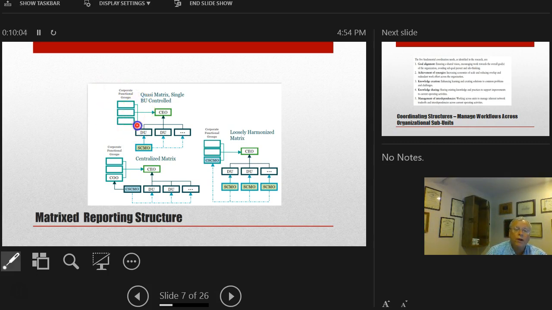functional groups that are corporate in nature, and they set some of, they do certain kinds of things. So for example, we had an air cargo group. We had an ocean group. Those were basically the two groups.